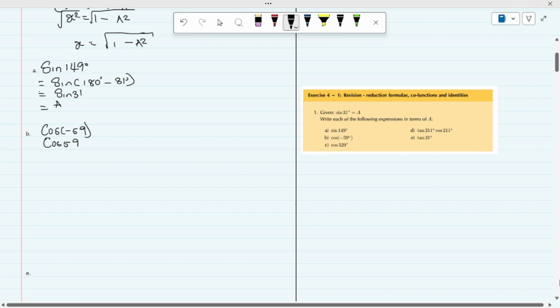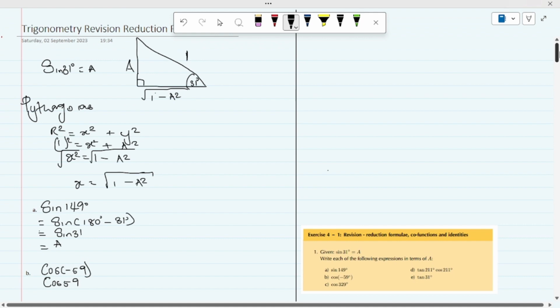So now we need to express this in terms of a. So cos 59 degrees. We do not know 59 degrees directly. We know that the sum of the angles in a triangle is 180 degrees. So if you add 31 plus 90, you get 121.